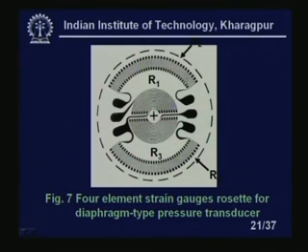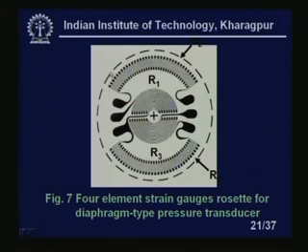What will happen, these strain gauges will sense R2 and R4. This is R2 and this is R4. They will sense the radial strain, right, which is maximum at the circumference. You see, this is the total diaphragm, the size of the diaphragm, this radius R.